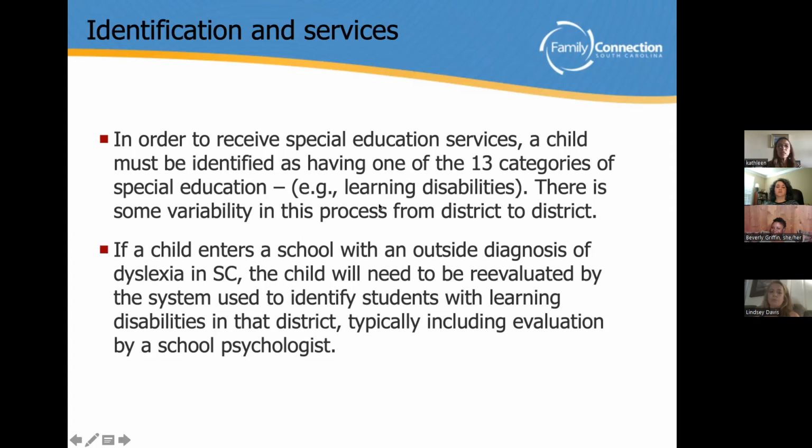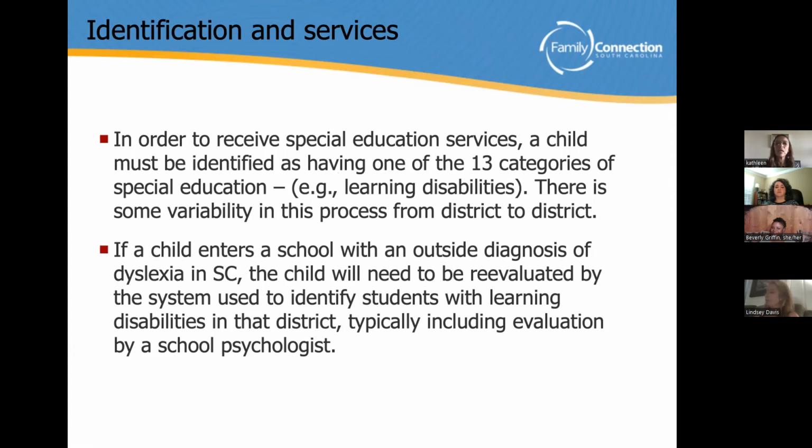And so this is what this top bullet point says. And the second one essentially reiterates what I just said. In order to receive special ed services, a child must be identified as having one of the 13 categories of disability, and one of those is learning disabilities. Some schools will focus more on the MTSS process.